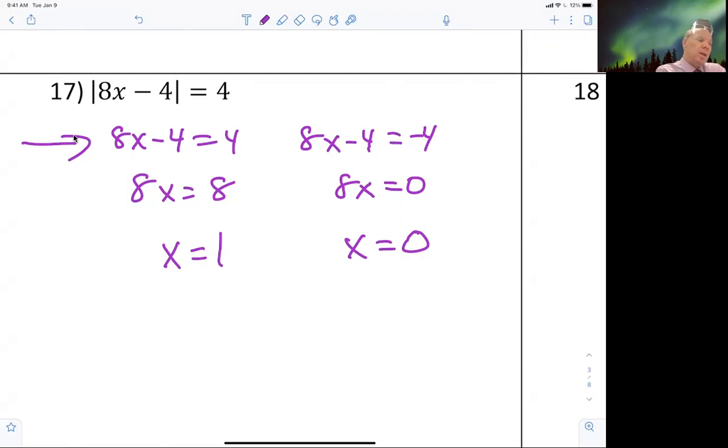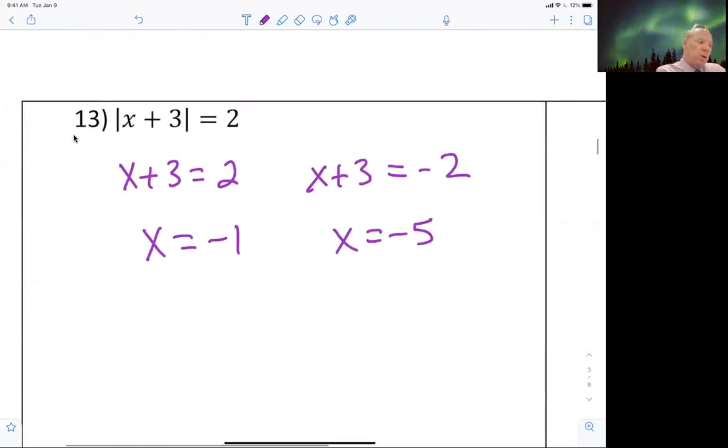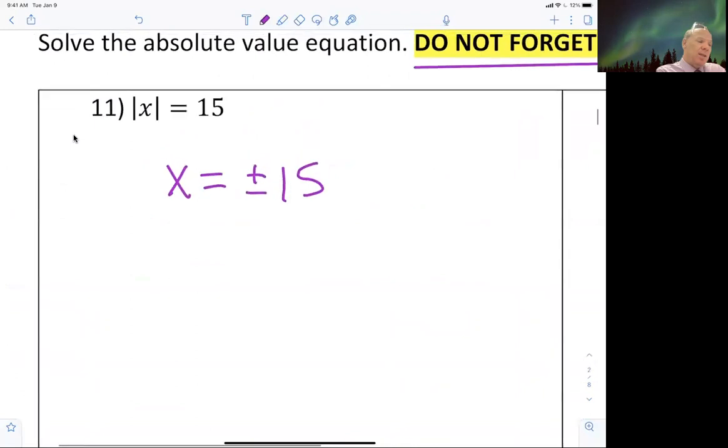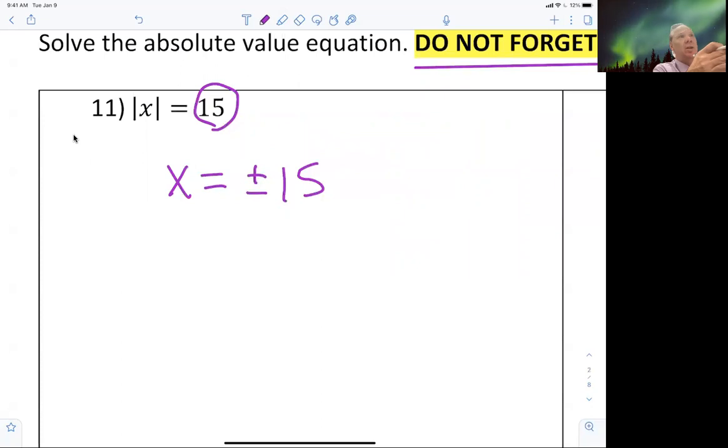Now, I know what you're saying. Your answer can be negative, x can be negative. It just can't be equal to a negative. The equation can't be equal to a negative. Do you understand the difference?